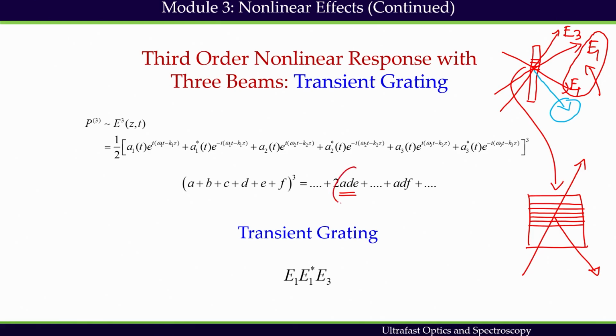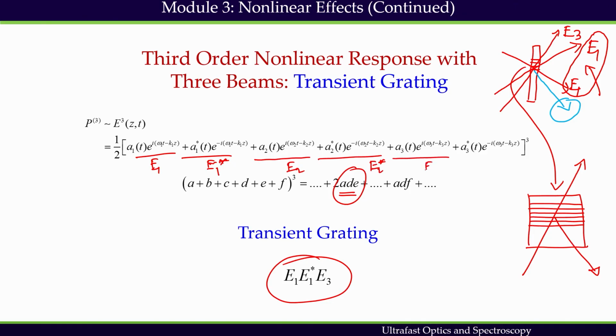We have to look at this ADE term, and the transient grating which is responsible for this is going to be E1 star E3. So this is your E1, this is E1 star, this is E2, this is E2 star, and this is E3, and this is E3 star.